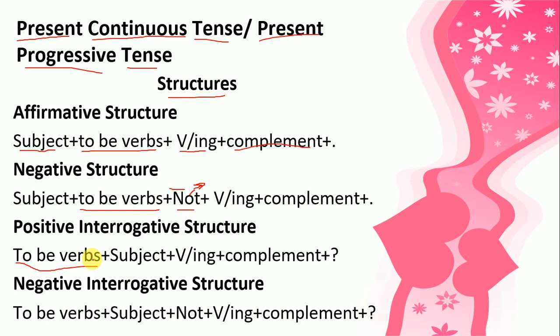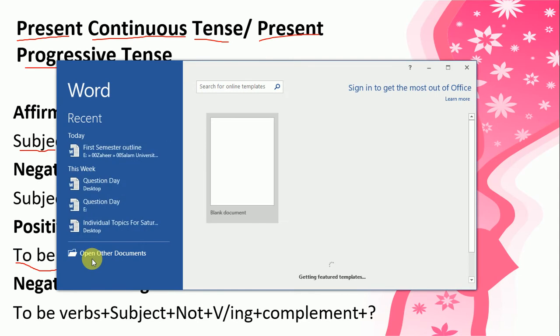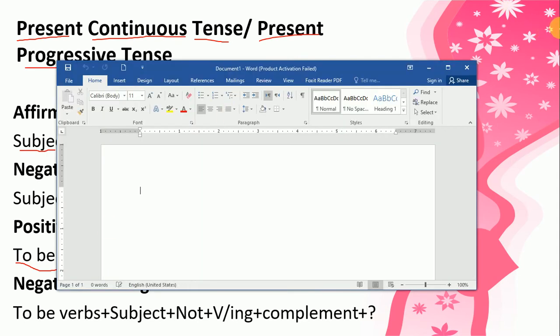So now let's go through some examples, and then I'll show how we make a positive sentence and change it from positive into interrogative. Let's go through the word file so that we can practice some more examples for this tense.